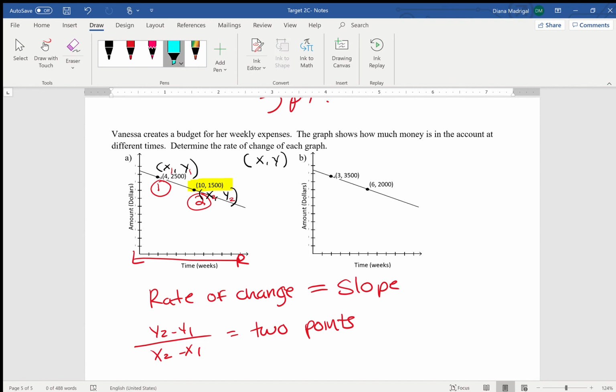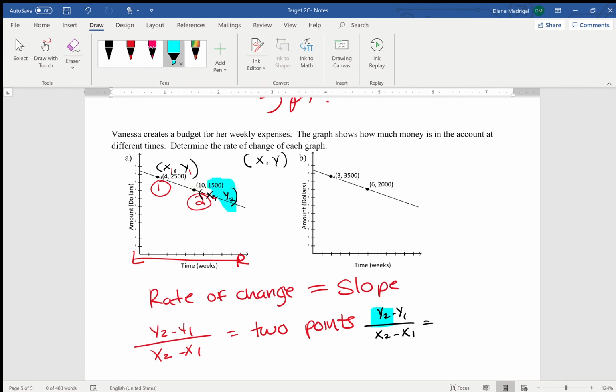Okay. I have my equation. I'm going to write it over here. y2 minus y1 over x2 minus x1. Okay, here I go. Sorry, y2 is right here.